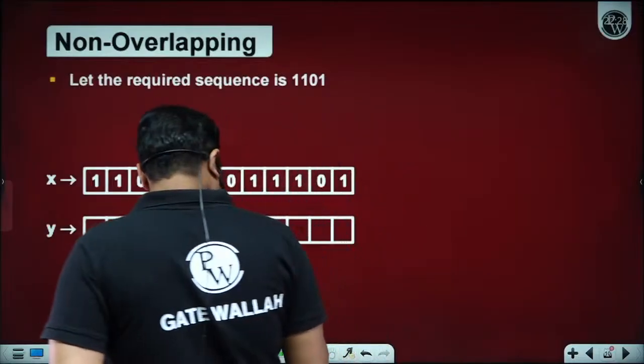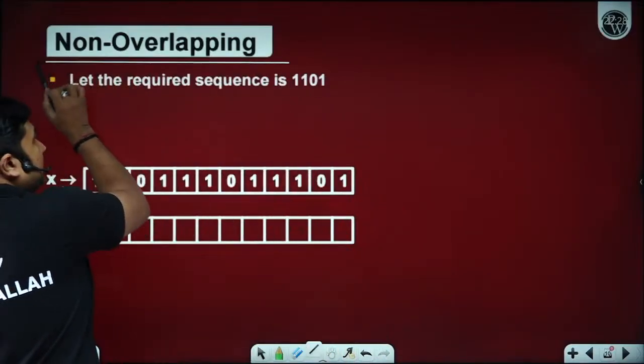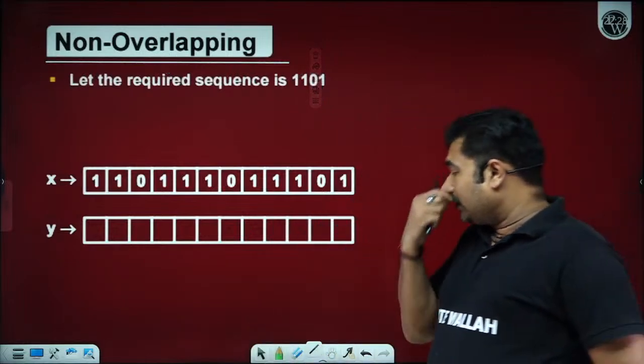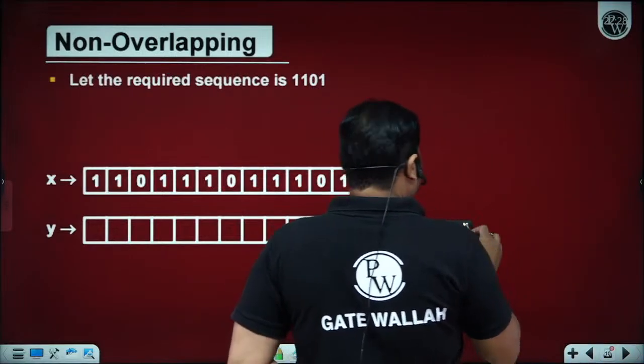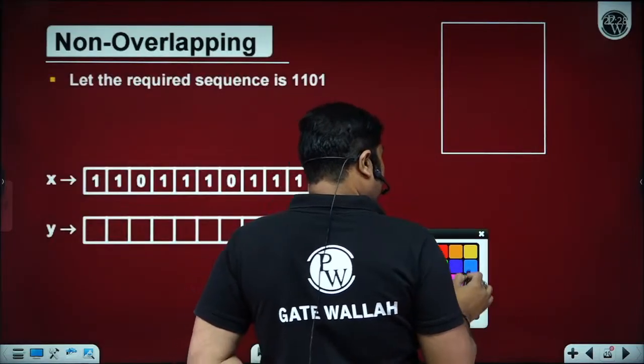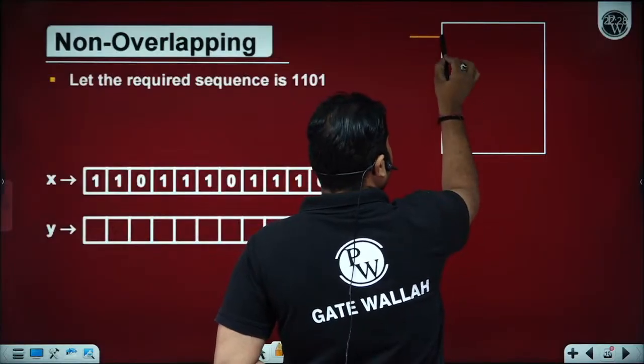First, observe the non-overlapping sequence detector. A non-overlapping sequence detector is one which detects the output with the input sequence non-overlapping.